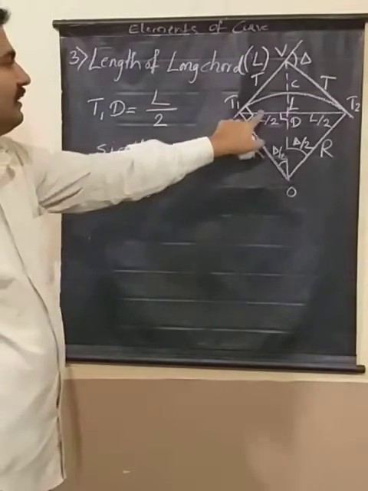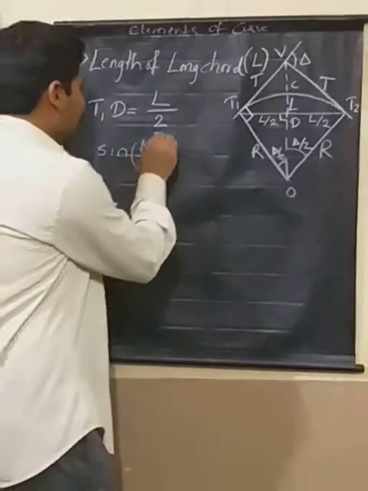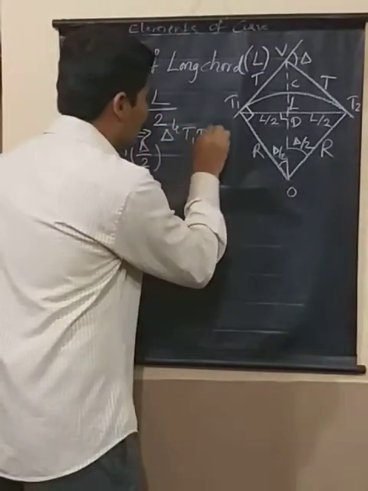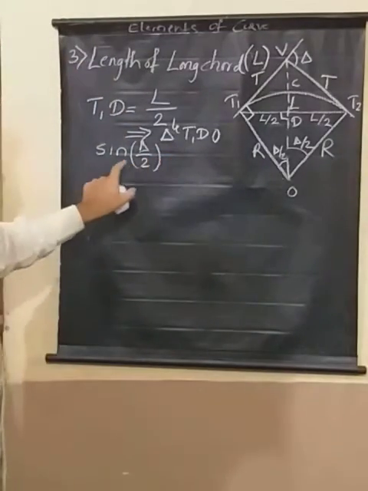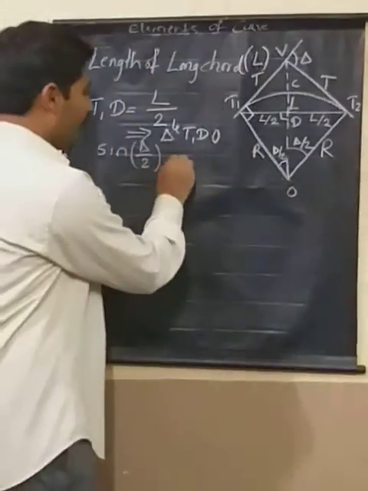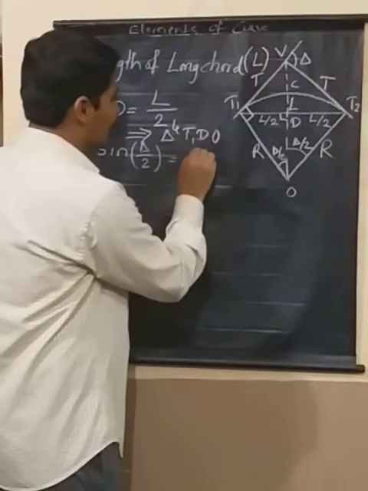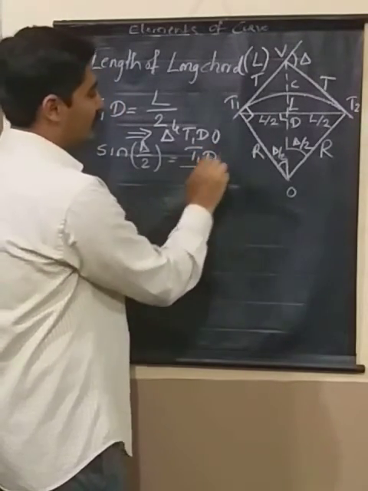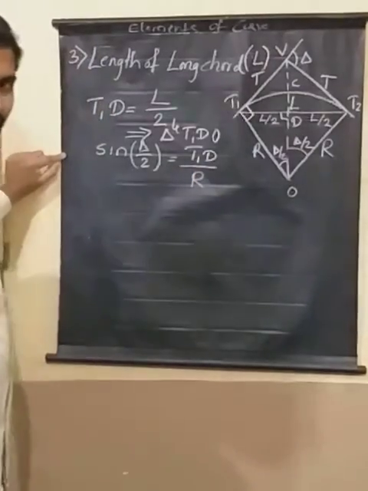So it is from the triangle T1DO. I insist you write here, from the triangle T1DO, I am going to write sine delta by 2. So it is going to be the opposite side, that is T1D, divided by the hypotenuse, that is R, isn't it?